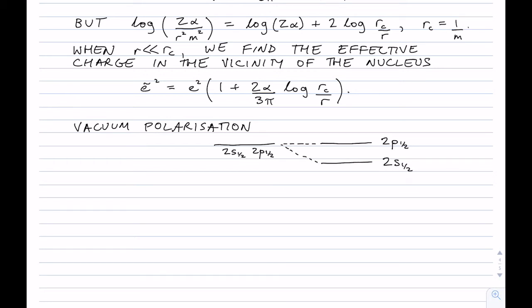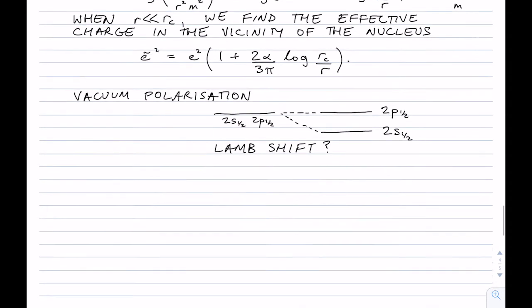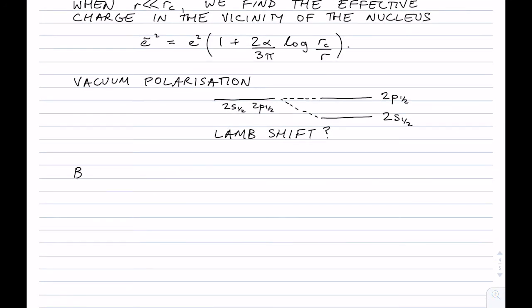This would be an excellent explanation for the Lamb shift, which had actually been noticed already in the 1940s. But it's not, because the ordering of the levels is the wrong way around. You can see this effect, but there are other effects which dominate.